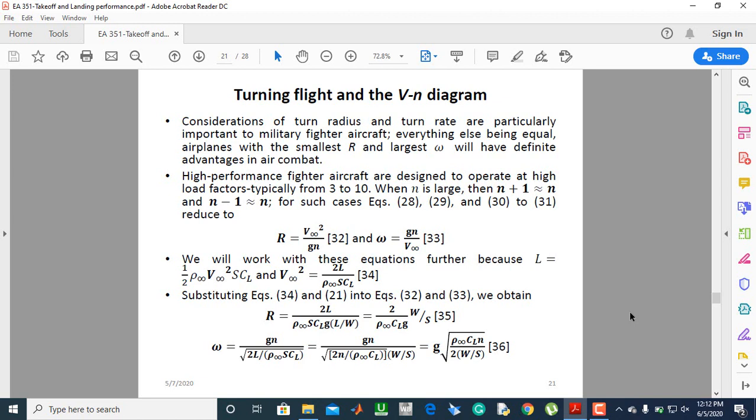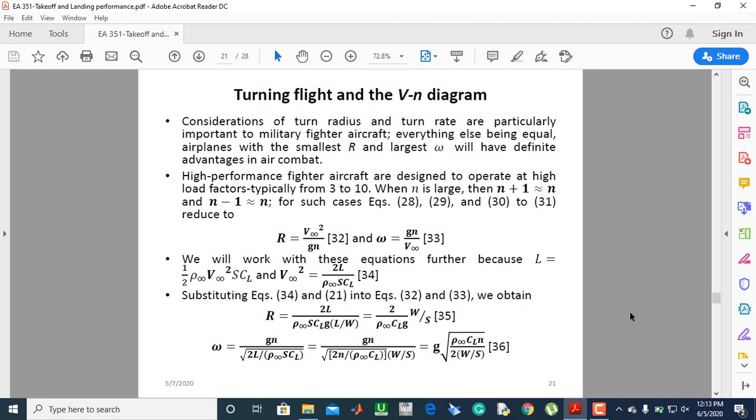So once we do that and substitute this expression in equations 21, 32, and 33, we'll get this expression, equation 35, for the turn radius. And if you further simplify equation 35, you will notice that here there is S wing area and there is the weight. So the lift, which is on both the numerator and denominator, these will cancel out. So the left hand side of equation 35, when you simplify it, you get equation 36.